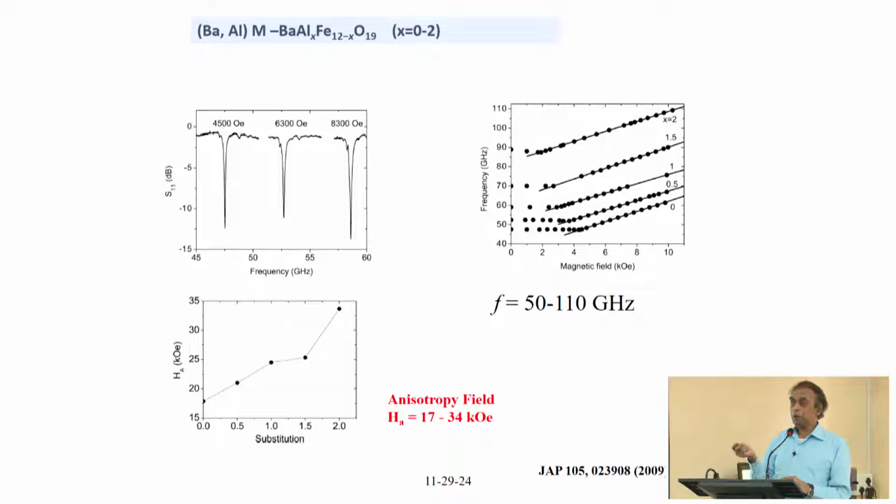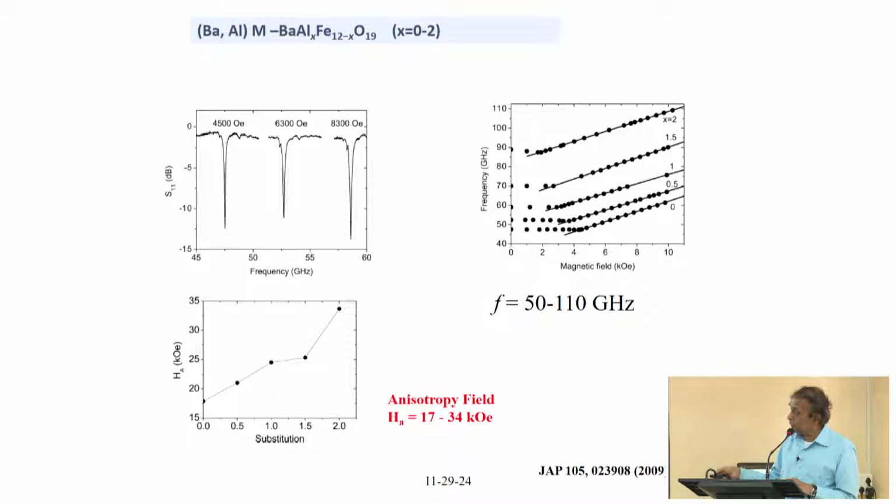When you substitute aluminum, both the anisotropic constant and the magnetization would decrease, but the catch here is that the magnetization decreases much faster than the anisotropic constant. So, you essentially can increase the anisotropy field just by substituting aluminum, and that is what we found out.